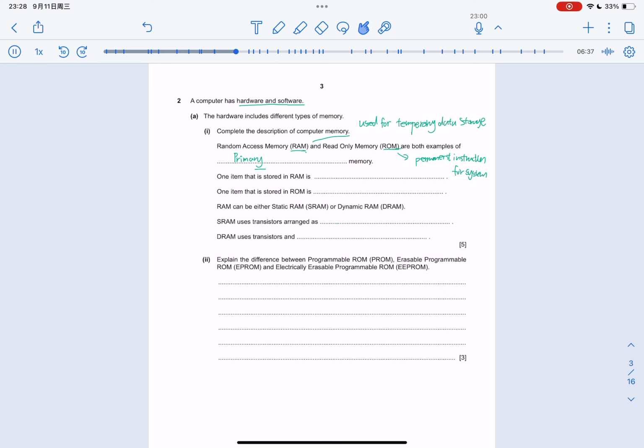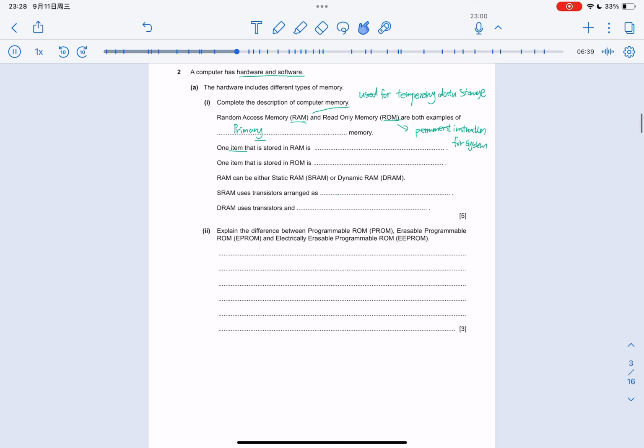Okay, next. One atom is stored in RAM. Another property of RAM is that it is a volatile memory. Why do I say so? Because volatile memory only stores the data when the CPU needs it, while the PC is running.